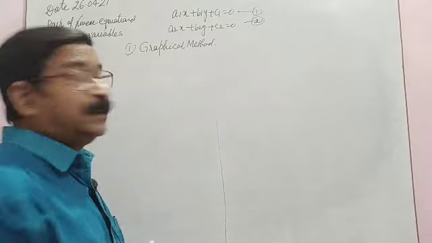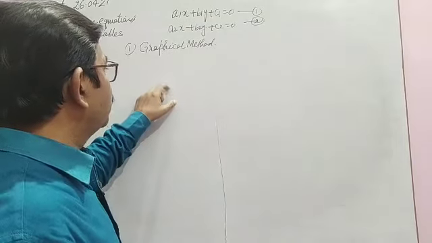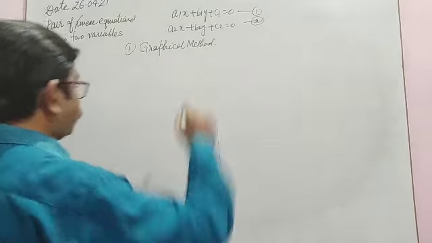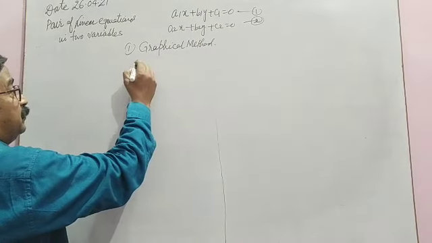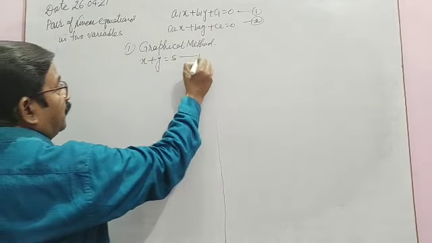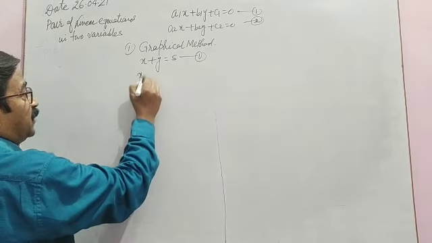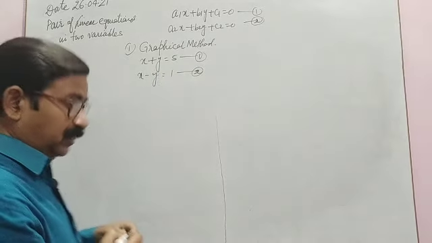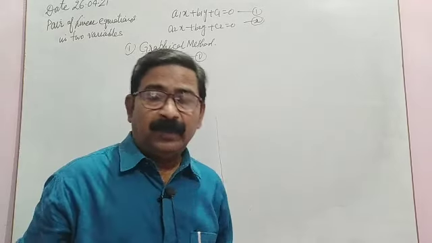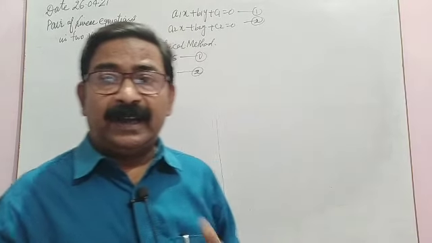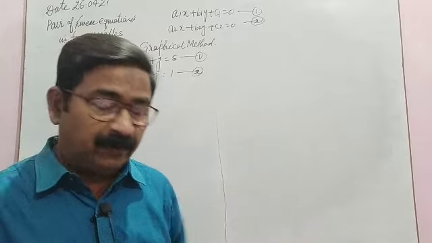Now I am taking one example. Suppose we are given an equation x plus y is equal to 5, equation number 1, and x minus y is equal to 1, equation number 2. This is a demo, means I am giving the idea how to plot the graph and how to get the solution of the equation.